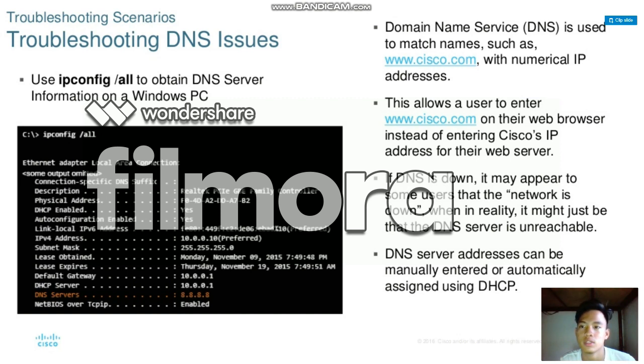Domain Name Service, or DNS, is used to match names such as www.cisco.com with numerical IP addresses. This allows a user to enter the name in their web browser instead of entering Cisco's IP address for the web server. If DNS is down, it may appear to some users that the network is down, when in reality it might just be that the DNS server is unreachable.